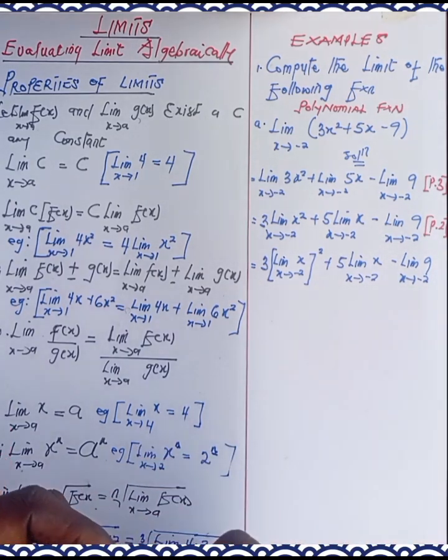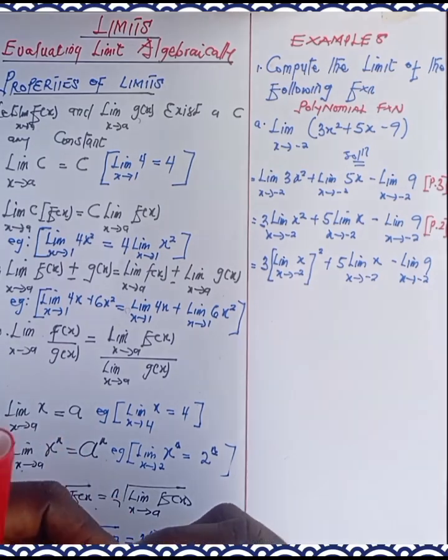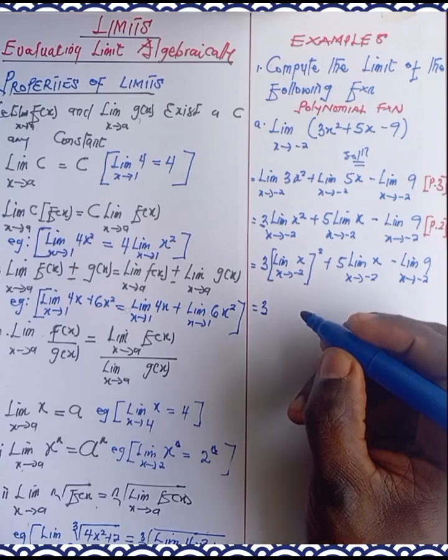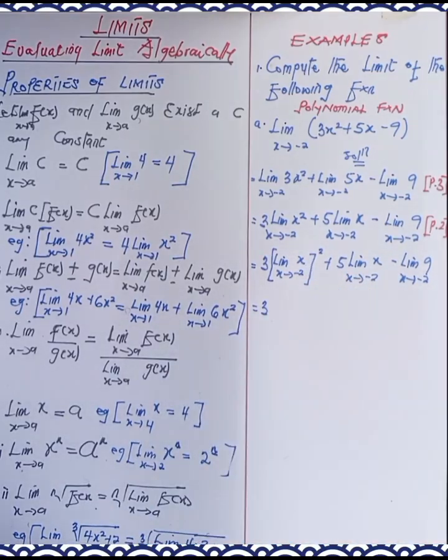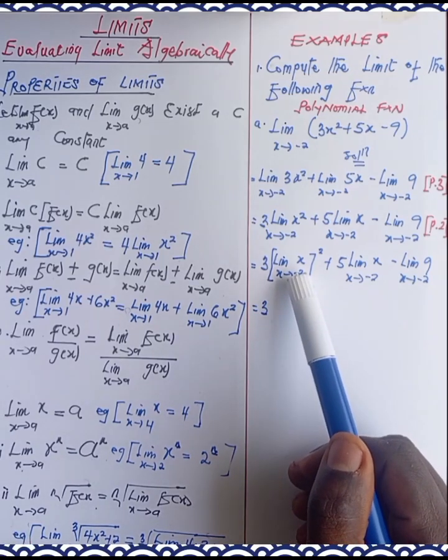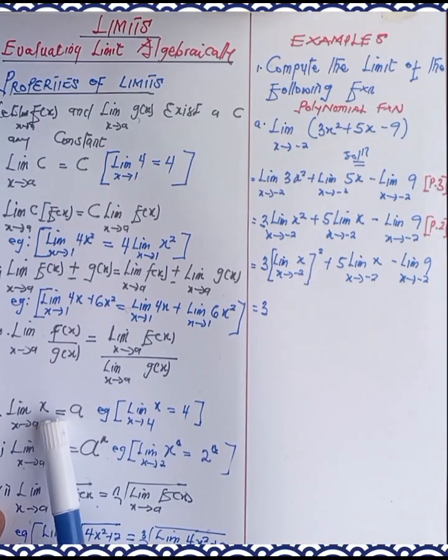Now from here, we can just take the limit. So we are having our 5 out. The limit of a linear function is equal to the value x is approaching, and that is this very property.